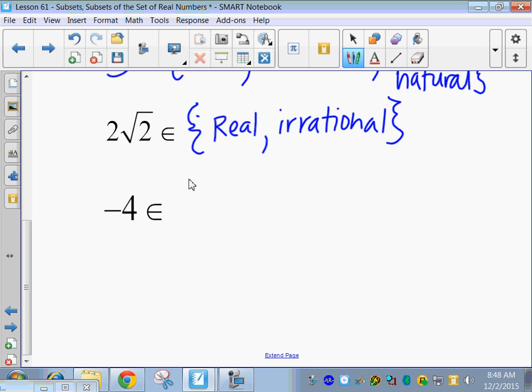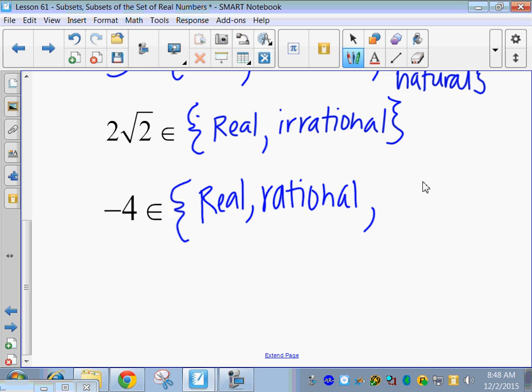Okay. And now we have negative 4. So, let's see. I'm going to make someone tell me all of them. How about Micaiah? What is this one going to be? Ooh, what do you guys think? I'm with you on some of them.